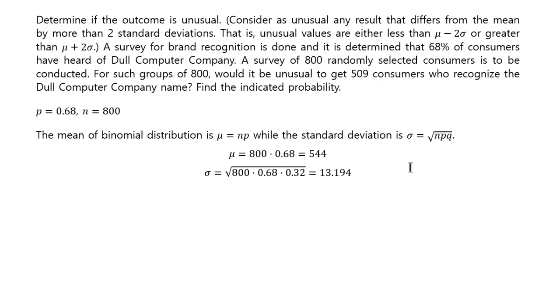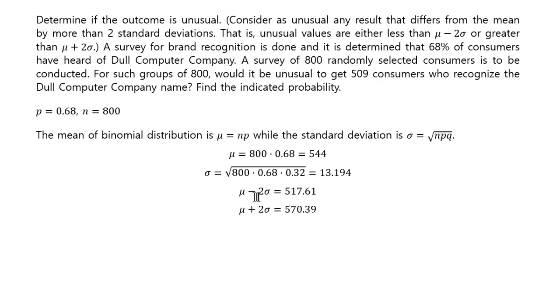Then we're going to figure out what mu minus 2 sigma is and what mu plus 2 sigma is to see if this data 509 is more than 2 sigma, or 2 standard deviations, away from the mean.